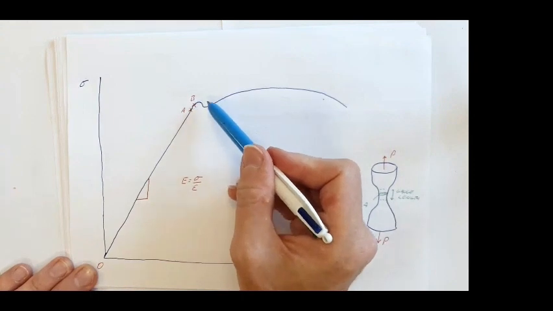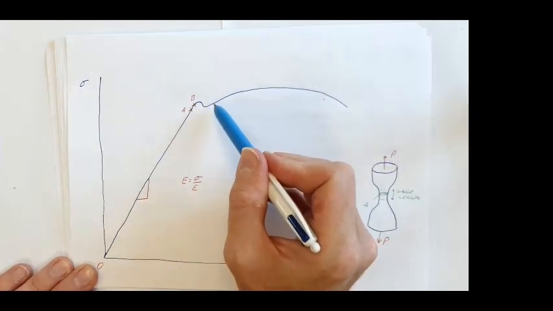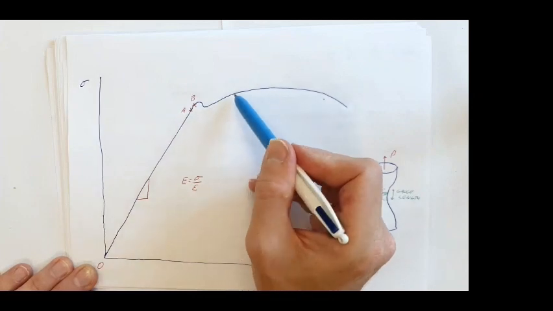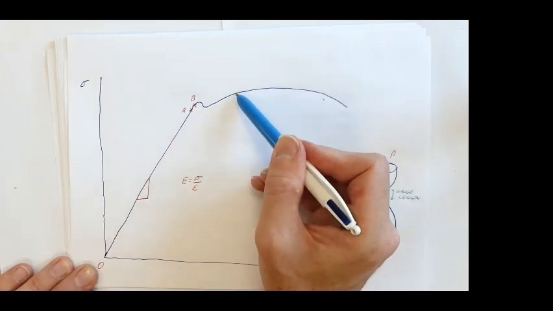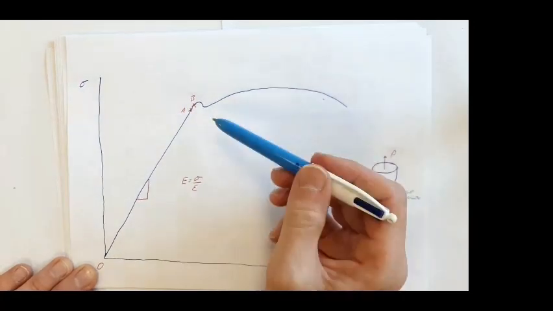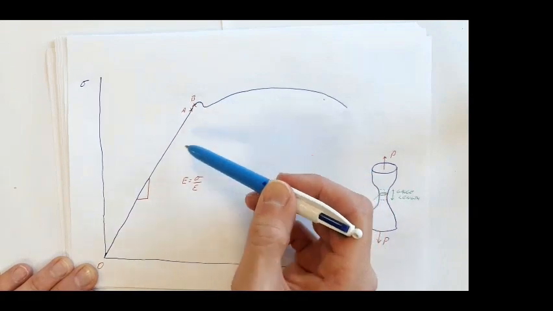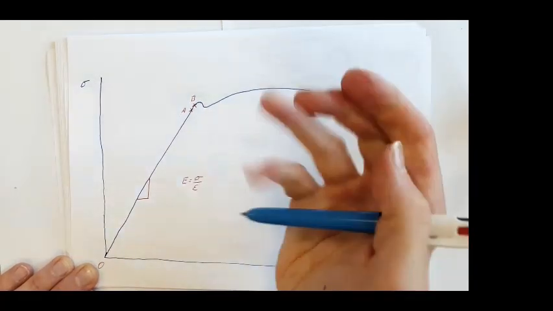Beyond B, we've then got permanent deformation. What I mean by that is, if we get to a certain point on this curve and then remove our load, we would go down in a straight line parallel to the original line.